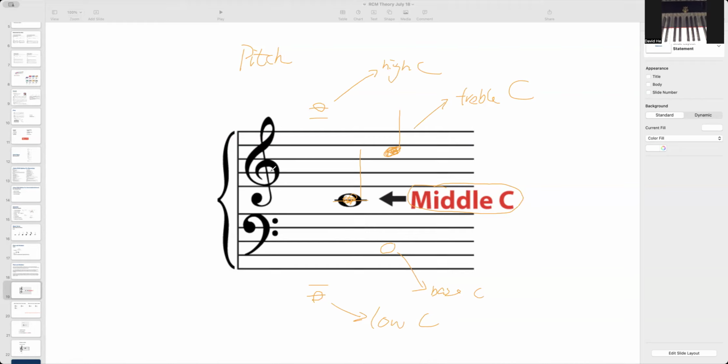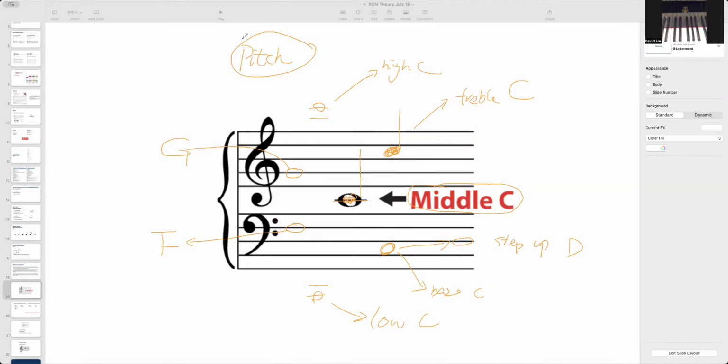So that's the second class we did, the pitch, how high or how low it is. So you can find the notes on your keyboard. The first class is rhythm, clapping. The second class was pitch, how you can find your notes on the keyboard.